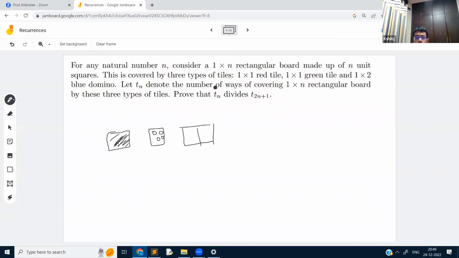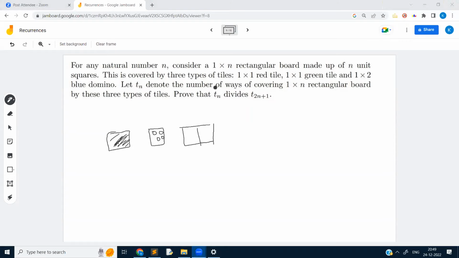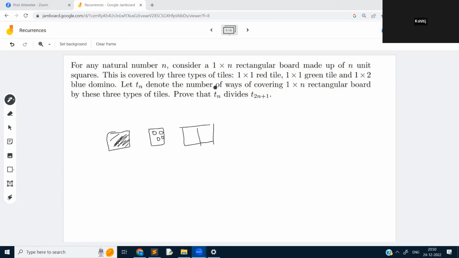I will give you a few minutes to try this question. So after a few minutes, if anyone gets a solution, then they can tell it.